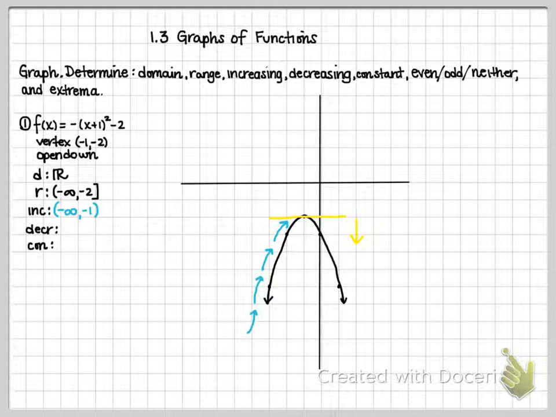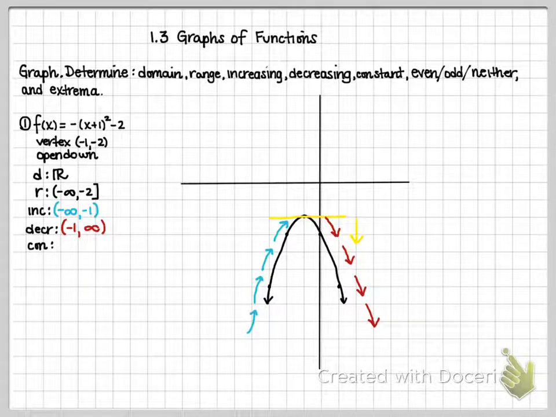Then, immediately after the vertex, it looks like my graph is now going to be decreasing. As I approach the right side, my y value is getting smaller. So I'm decreasing immediately after the vertex as I go to the right.